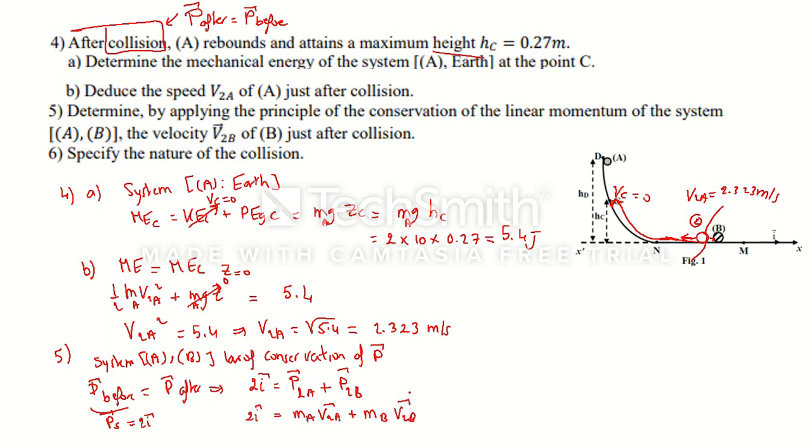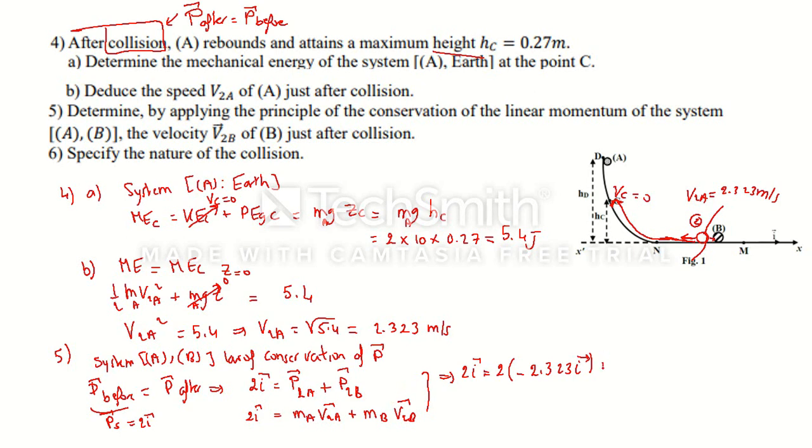This is 2i, and this implies mA v2A, we have 2i equal to 2 times v2A, which we found in part B, but it's opposite to the x-axis, so I put it as minus 2.323i. If I want to leave it in terms of vectors, or I can say that it's collinear, and then I can find the algebraic value.